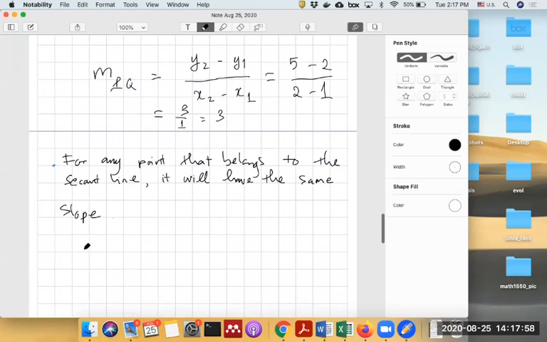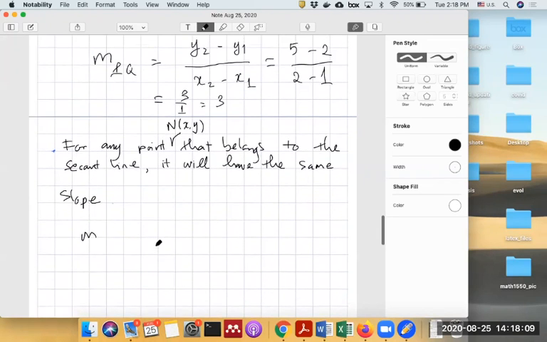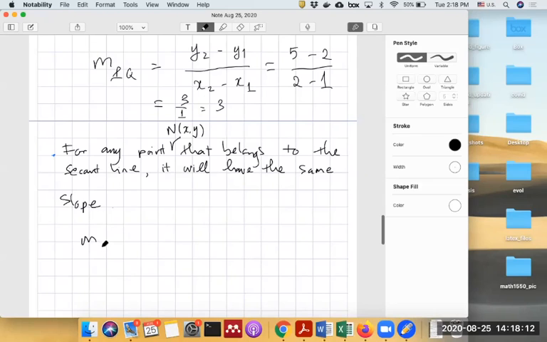It means that we call any point here the point N, (X, Y), okay? It means that the slope of PN will be Y minus Y1 and X minus X1, and this slope, we know that it will be the same as 3 here, right?